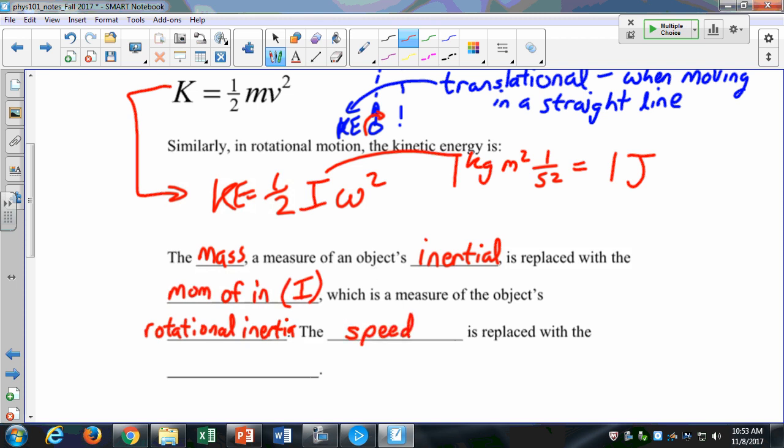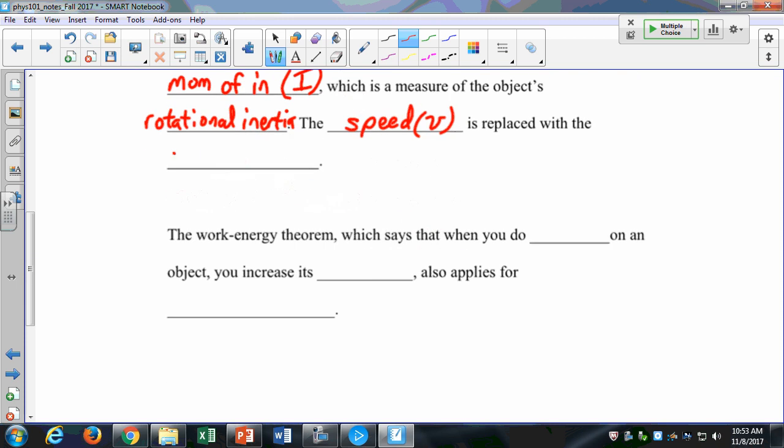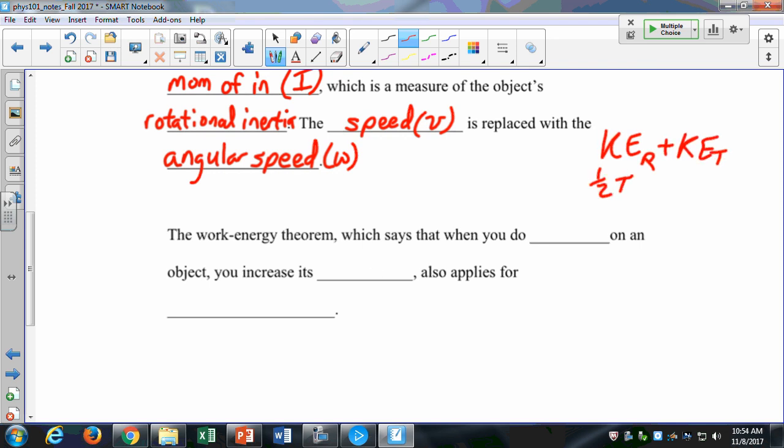The speed v is replaced with the angular speed, omega. So I could ask you a question where I have an object that has both v, like this situation where you have something that's both spinning and moving in a straight line, and ask you what is the total energy. And the total energy in that case would be the kinetic energy rotational plus the kinetic energy translational. That's 1/2 I omega squared plus 1/2 mv squared.